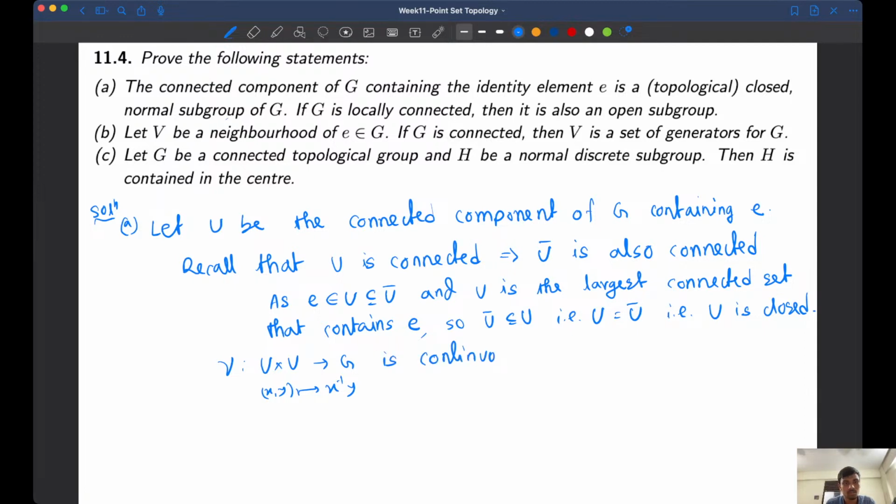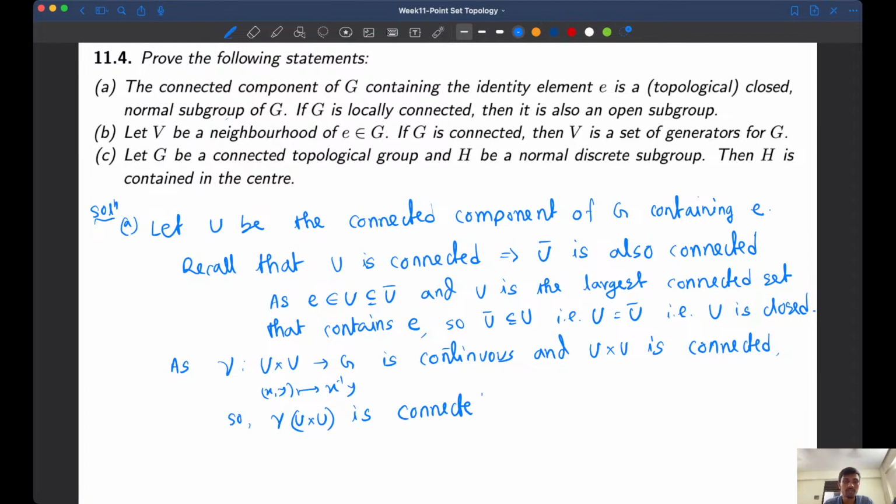So nu of U cross U is connected, a continuous image of a connected set.